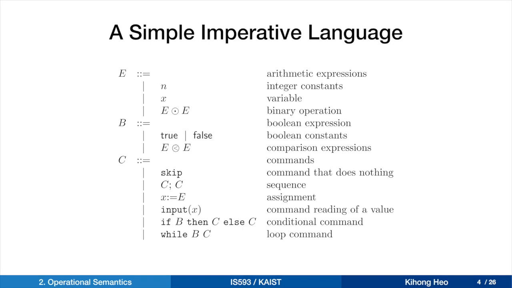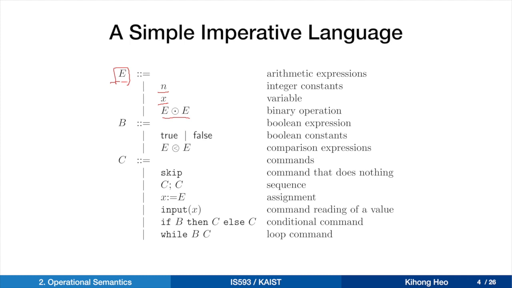Okay, then let's take a look at how programs look like and what this notation means. The first category represents a set of arithmetic expressions. So we will use this meta variable e for an element of arithmetic expression. Each arithmetic expression is one of the following. It can be an integer constant or a variable or a binary operation like this.